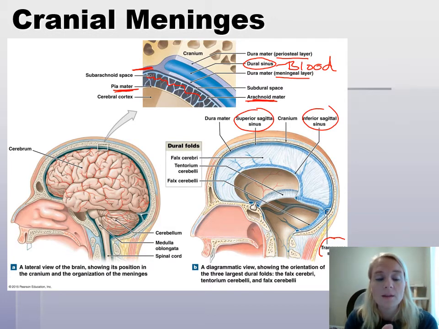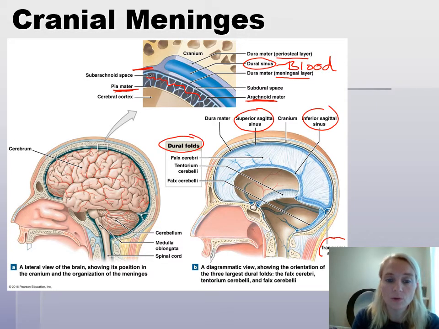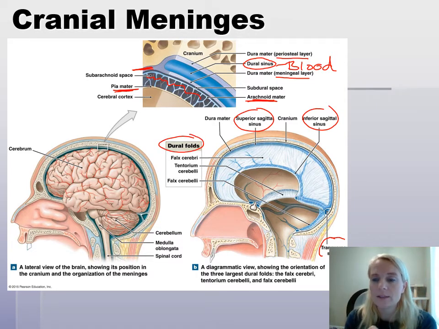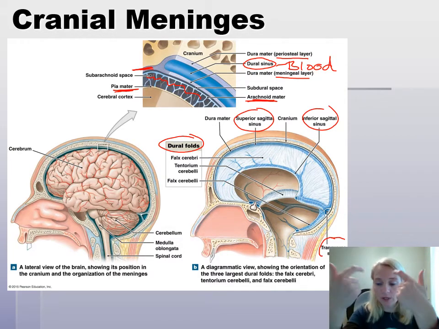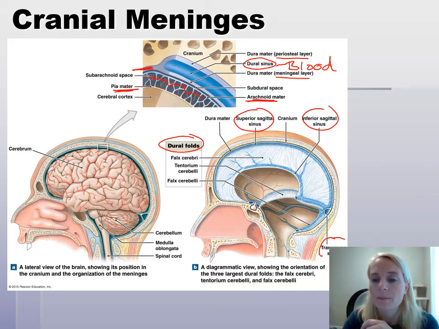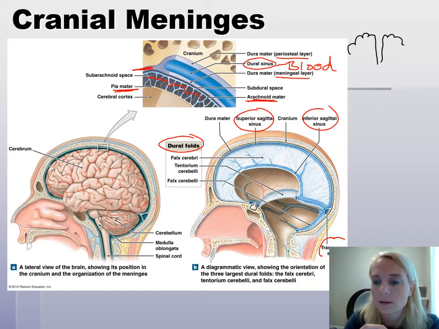Okay. The other difference that we can see is the production of what we call dural folds. Let's see if I can draw this. I usually draw this on the board, but I don't have as much space. So if we're going to be looking straight on the hemispheres, right? So these are my cerebrum and then the other parts of the brain, right?